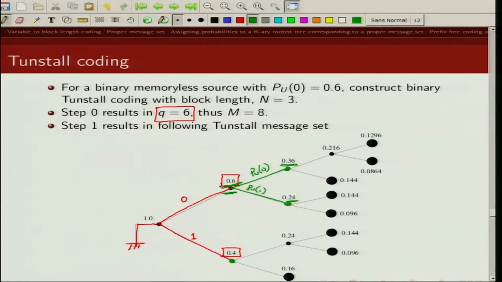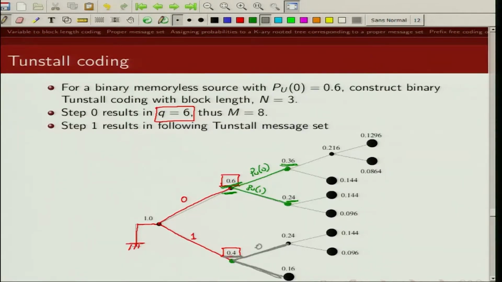Now let's do the second extension. So what do I have? I have 0.36, 0.24 and 0.4. So I am going to now extend this leaf which has probability 0.4. If I extend this leaf, it becomes a node and the extension is like this.